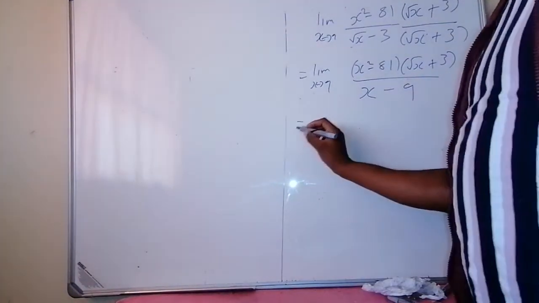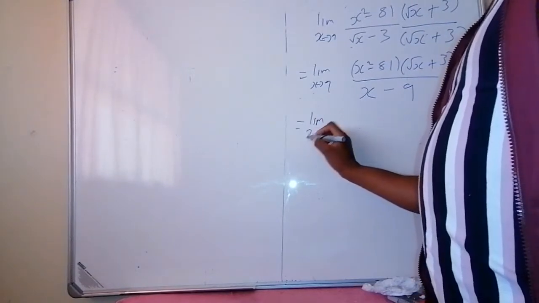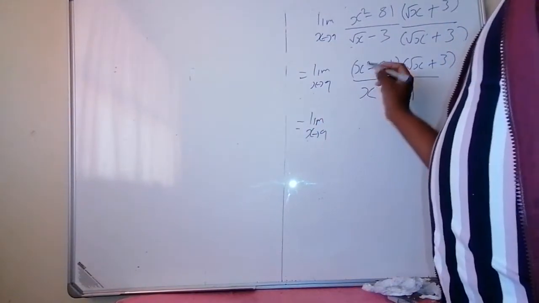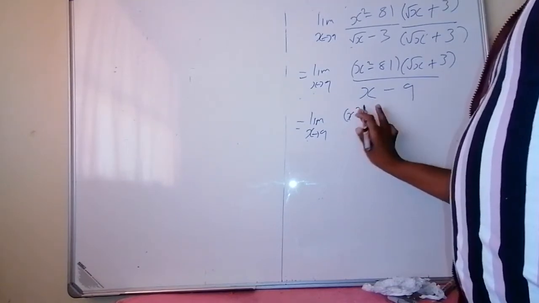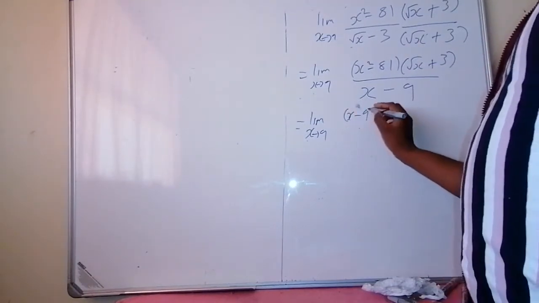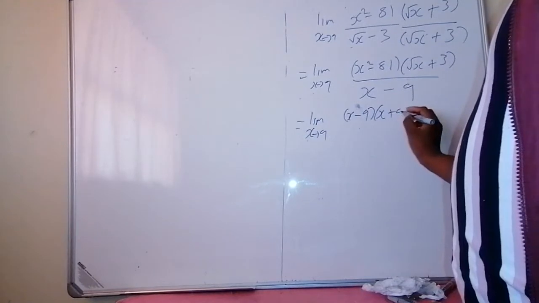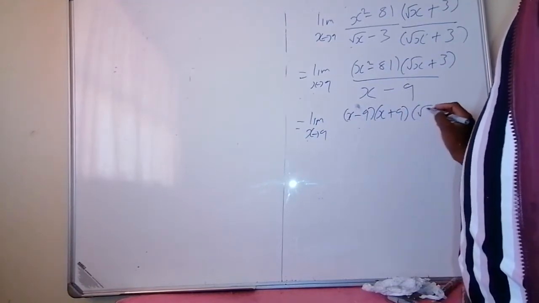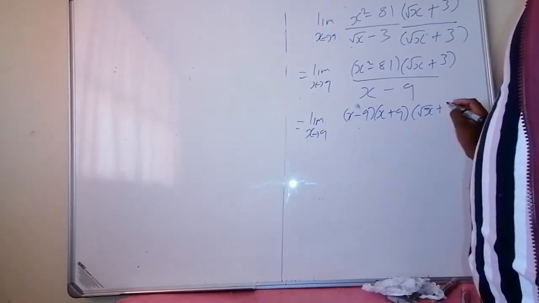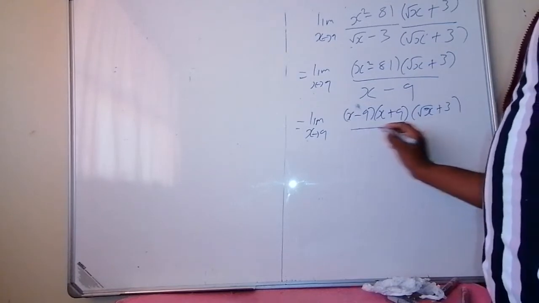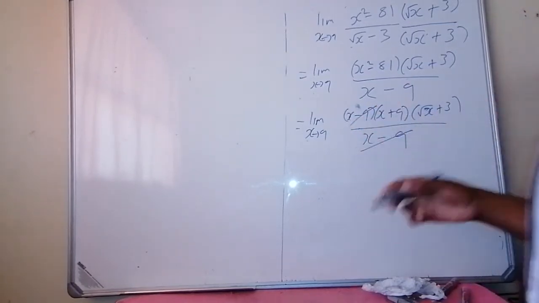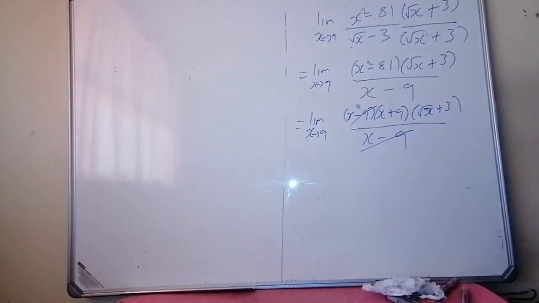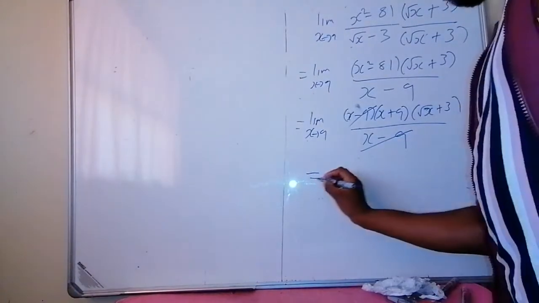So this can be written as limit as x approaches 9. x squared minus 81 can be factorized as x minus 9 times x plus 9, into square root of x plus 3, divided by x minus 9. So those two will cancel each other. Then we can do the direct substitution.